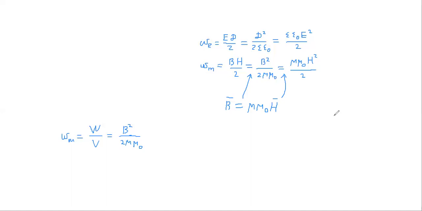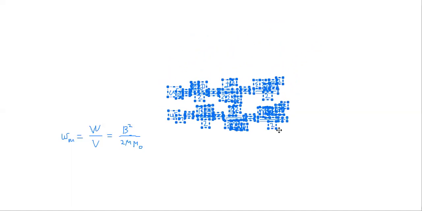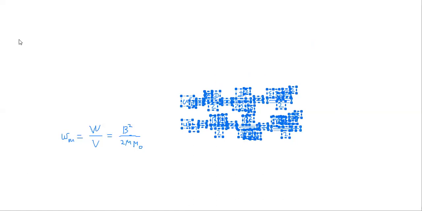This is energy densities of electric and magnetic field. And the sum of these densities is energy density of electromagnetic field.